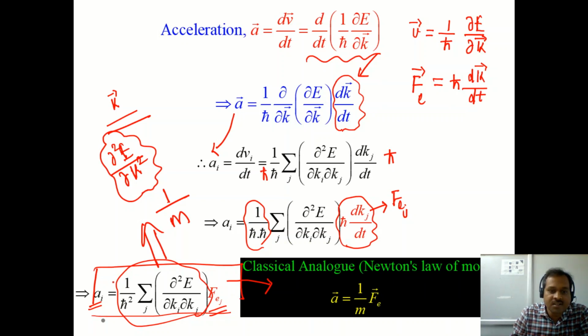And since this is a quantum mechanical entity and it contains the information about the effective mass that is experienced by the electron when it experiences this force F_e,j, it is written as m star, which is the electron effective mass or the carrier effective mass.